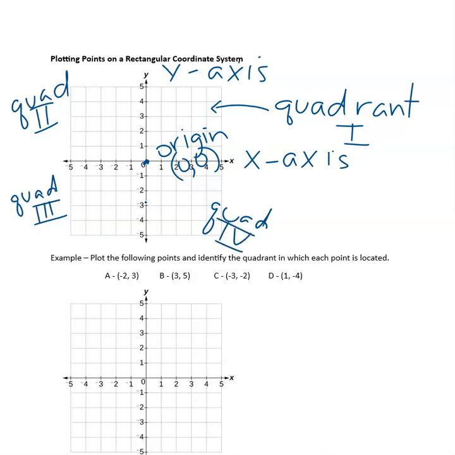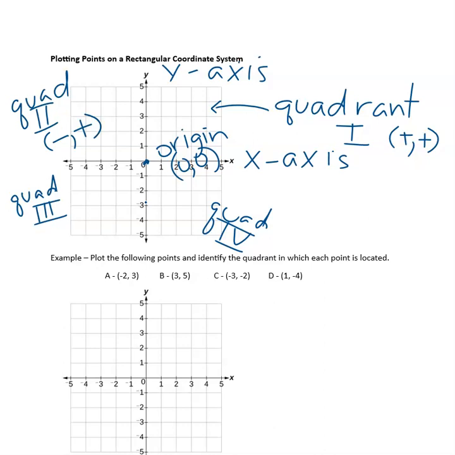And the quadrants are helpful because the signs of both x and y are always the same if you choose the same quadrant. For example, you'll notice in quadrant 1, the x value is always going to be positive, and the y value is also always going to be positive. In quadrant 2, the x value is going to be negative, and the y value is going to be positive.